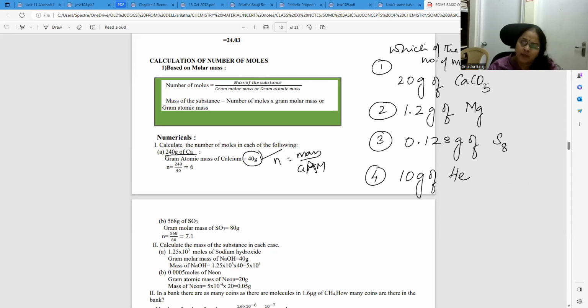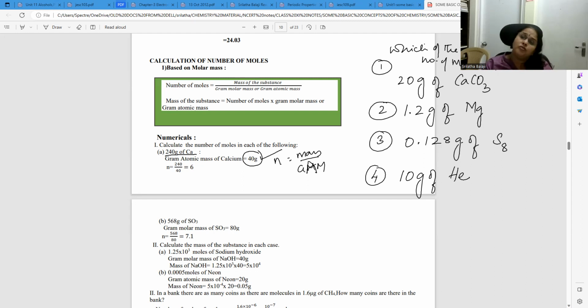So eventually you find the number of moles in each case. What's the number of moles? Mass by molar mass or atomic mass. So what's the molar mass of calcium carbonate? Remember yesterday's method? Can you recollect yesterday's method?